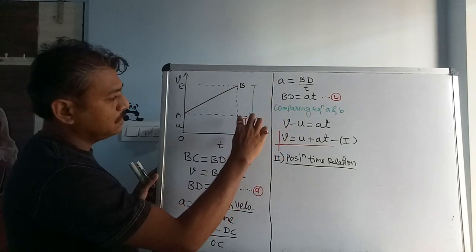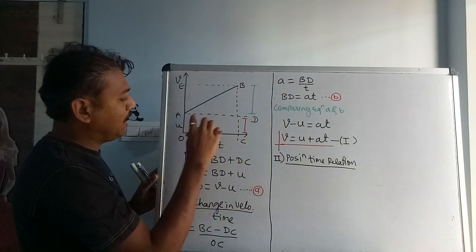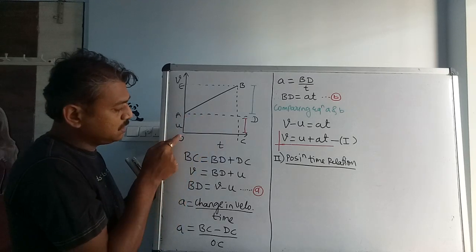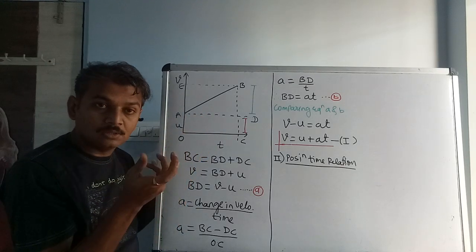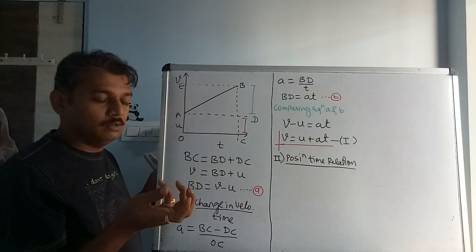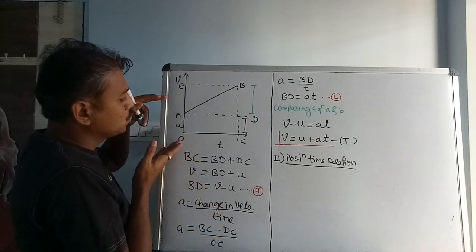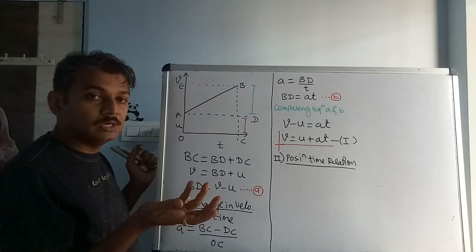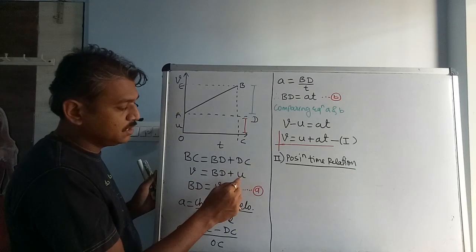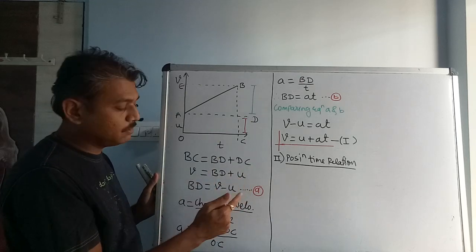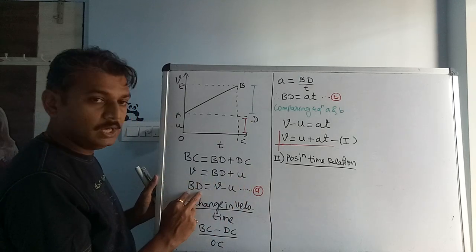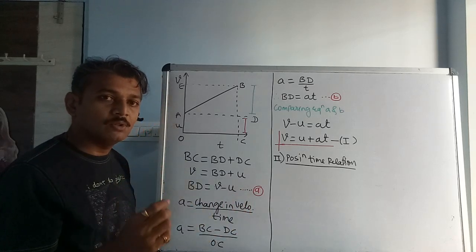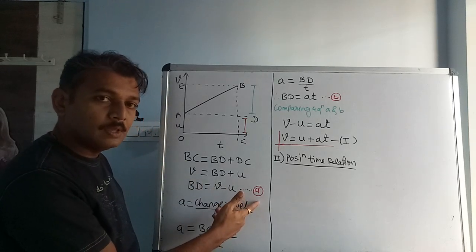Here DC, which is a construction, is parallel to OA, and this point O, as I told you, is the origin from where the time has started. So till A this becomes the initial velocity. So this DC is U. Rearranging this equation as BD is equal to V minus U, I am naming this equation as small a.